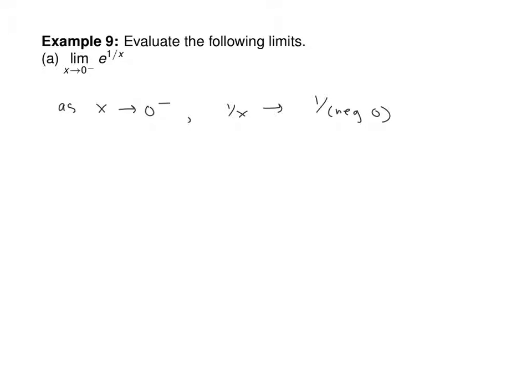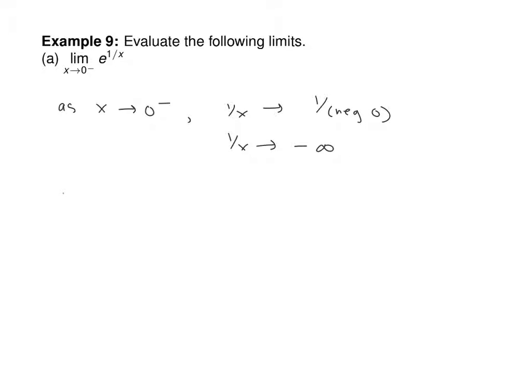Do you agree with that? Because x is going to 0, but it's negative, right? What does 1 divided by a small negative number make? 1 over x is going to go to positive infinity or negative infinity? Negative infinity.